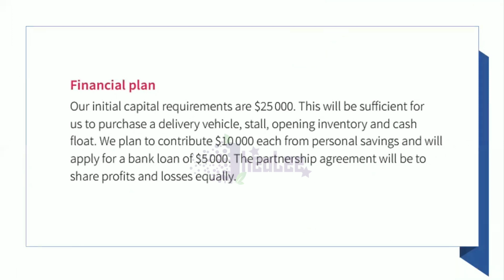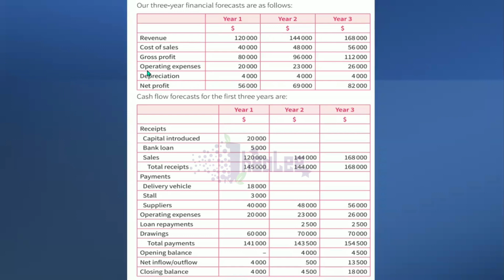The partnership agreement will be to share profits and losses equally. So guys, from this example that you're seeing, we have two statements here. We have one looking at the net profit that the business hopes to generate at the end of each year for each of the 3 years, and the cash flow projections, which basically show you the amount of cash that they expect to have in hand at the end of each year.